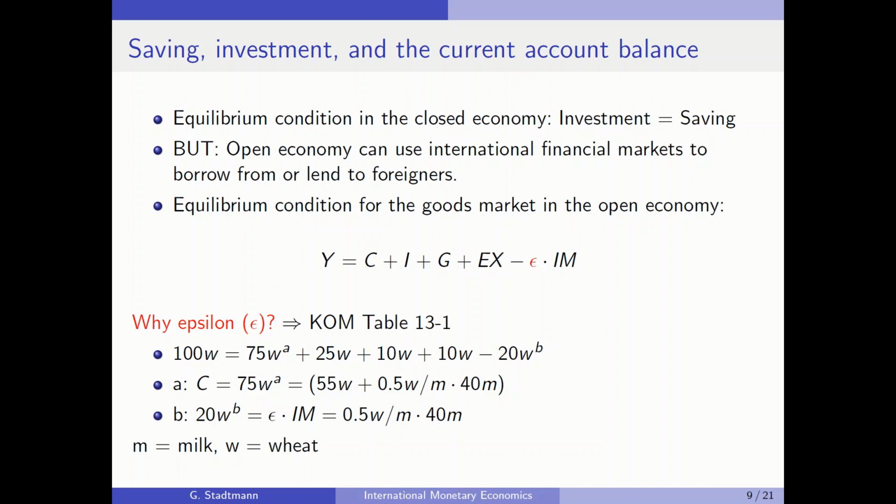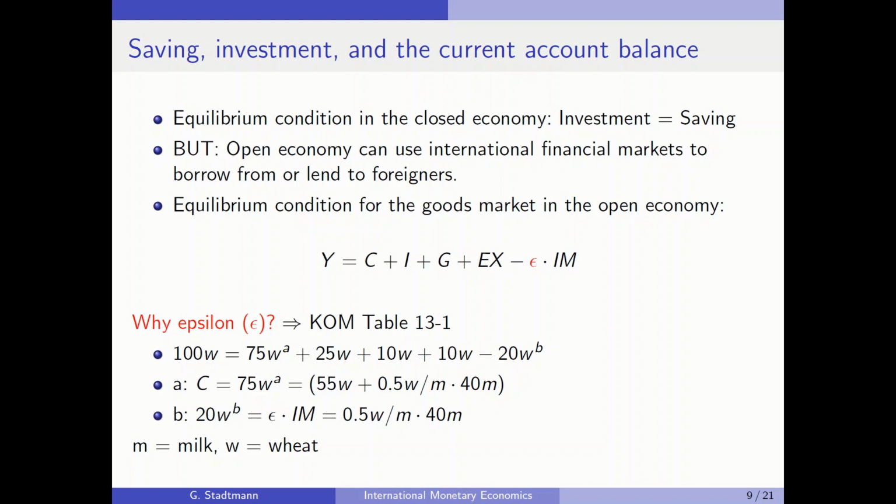In front of the variable which measures imports, there is an epsilon, and epsilon represents the real exchange rate. The following numerical example highlights why it is so important to have the real exchange rate in front of the import units.